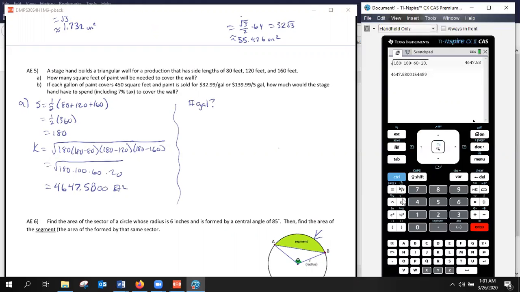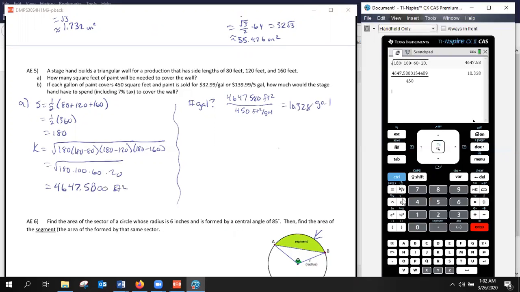We are going to take that 4647.58 square feet and divide it by 450 square feet per gallon. If we do dimensional analysis, this will give us the number of gallons.